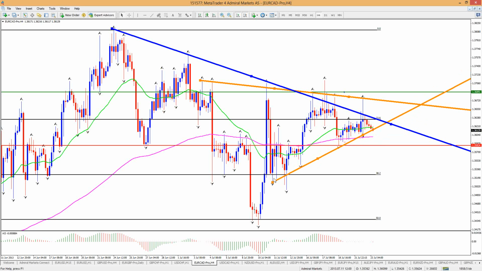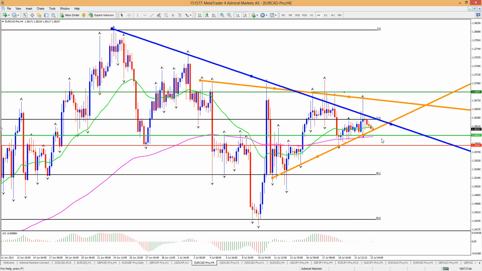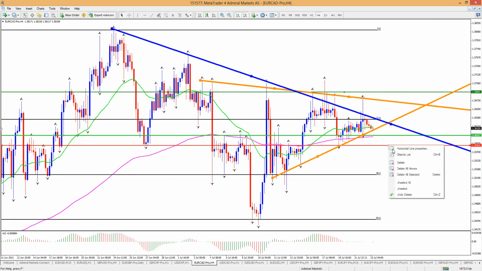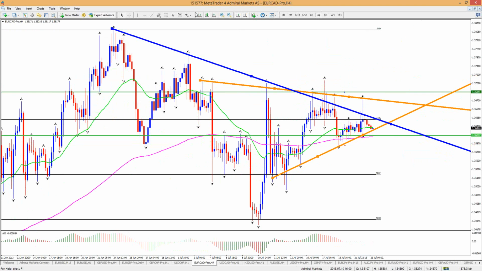Maybe we'll take the more conservative line like this, and we want to be aware of that support level as well, the horizontal support level. And this is a daily support level right in here.